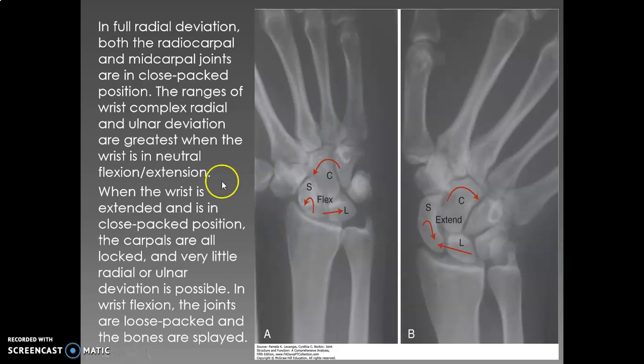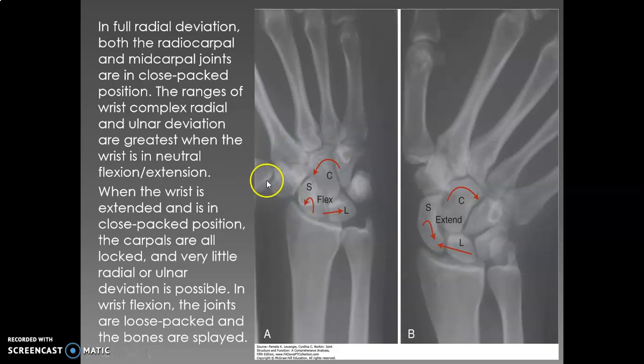Here you cannot see the first metacarpal. Here you can see the first metacarpal because it is in ulnar deviation. The metacarpal is moving towards the ulna. The fifth metacarpal has moved towards the ulna. Here the fifth metacarpal has moved away from the ulna, which means the first metacarpal may move towards the radius.